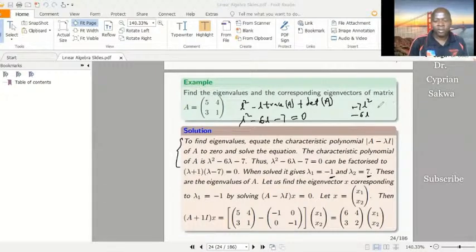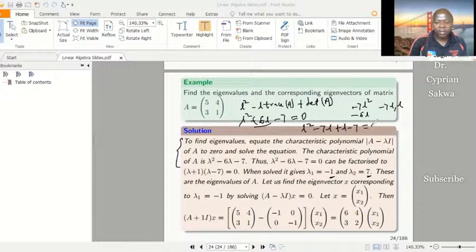The two terms are -7 lambda and lambda, so that the product gives you -7 lambda square, and the sum gives you -6 lambda. And so what you would then write is lambda square, instead of -6 lambda, write those two terms: -7 lambda plus lambda minus 7 is equal to 0.